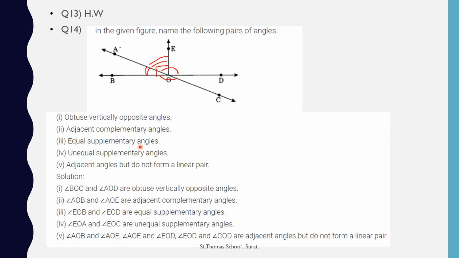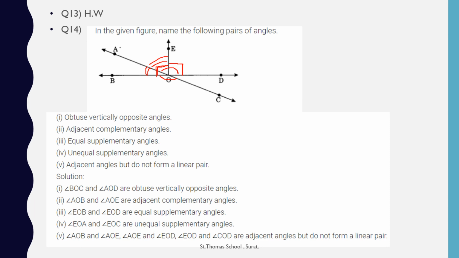The next one, equal supplementary angles. What is the meaning of supplementary angles? The sum should be 180 degrees and equal means both the angles should be equal. Look at the figure. Already I said this angle is 90 degrees and we know that this angle is also 90 degrees because this BD is a straight line.